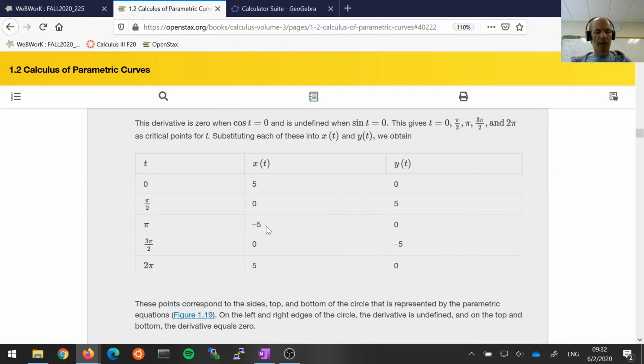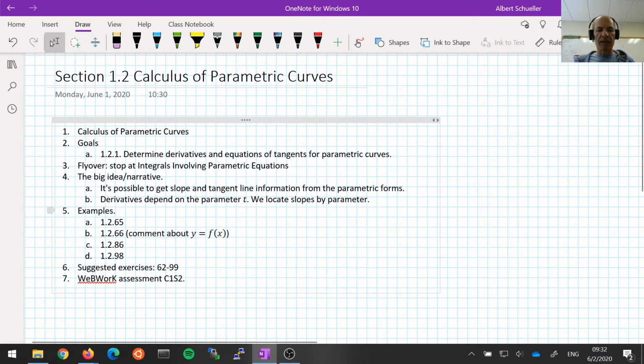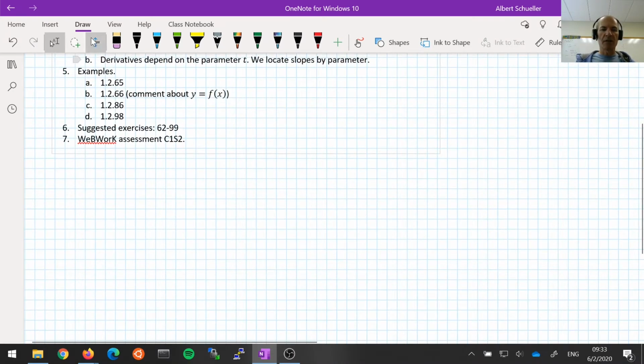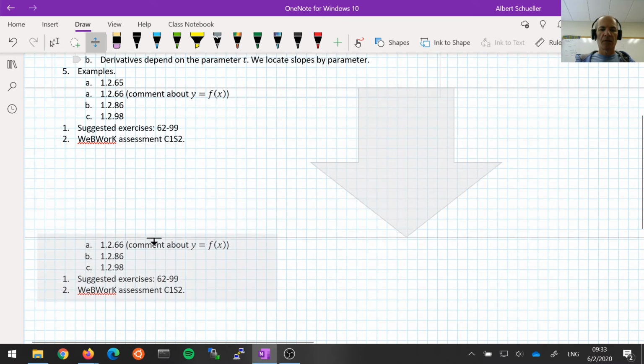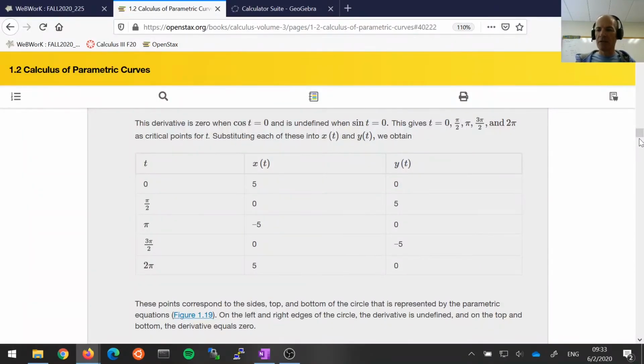Very good. All right, so those are the flyover examples. Let's look at some examples from the end of the section. So the first thing I want to look at is problem 65 from the end of the section.